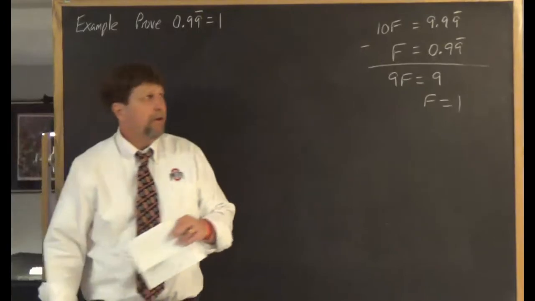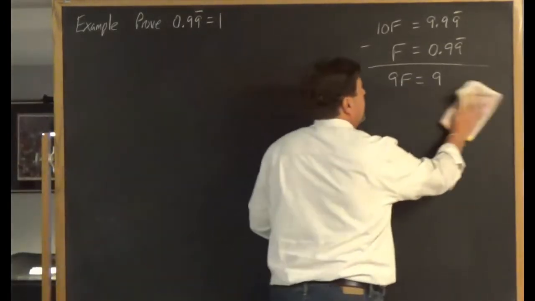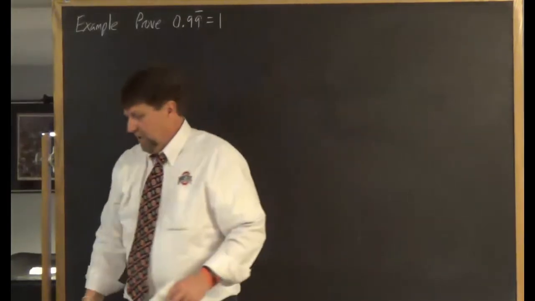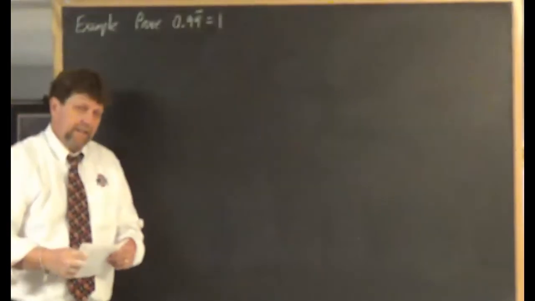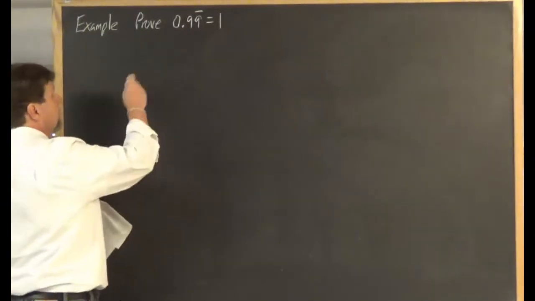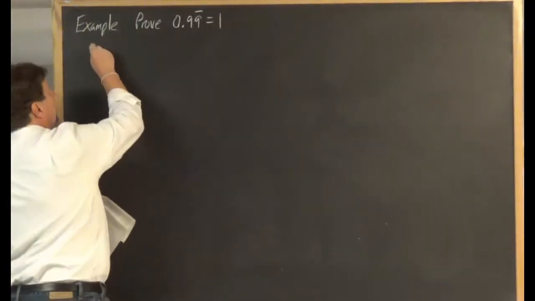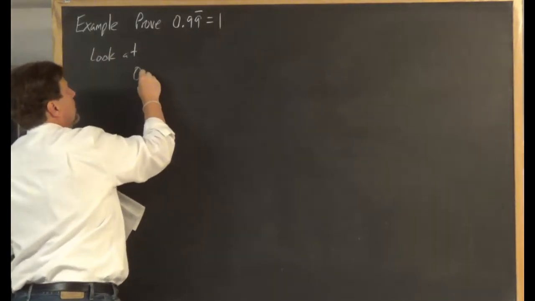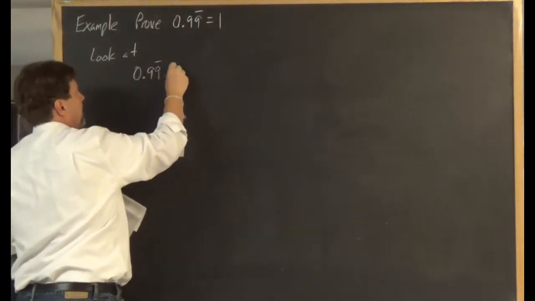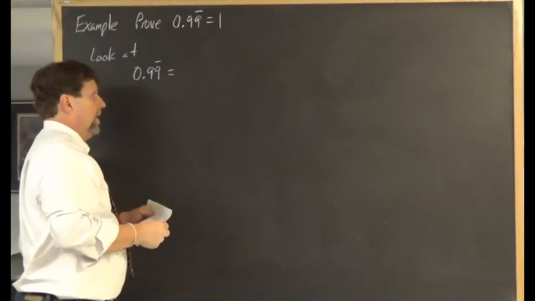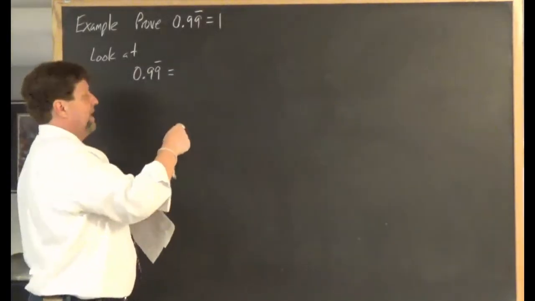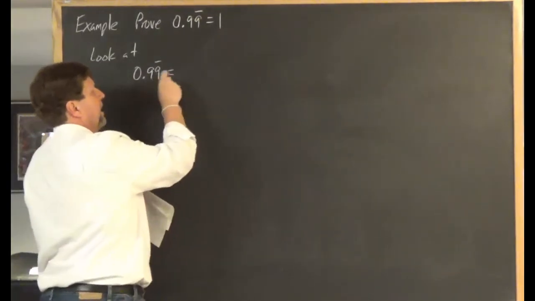But when we know calculus, this is where we can bring out the heavy-duty weapon to prove 0.9 repeating is equal to 1. So here's what we're going to look at: 0.99 repeating. If we go by our decimal place system, this is the tenths place.